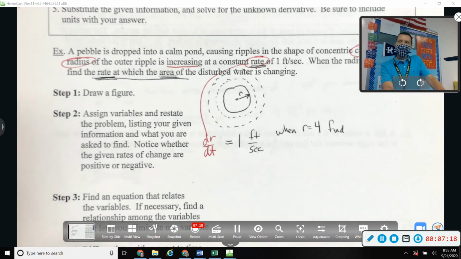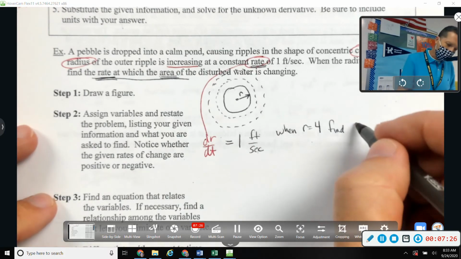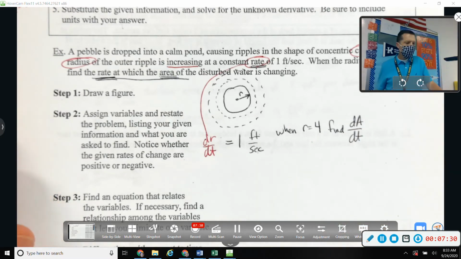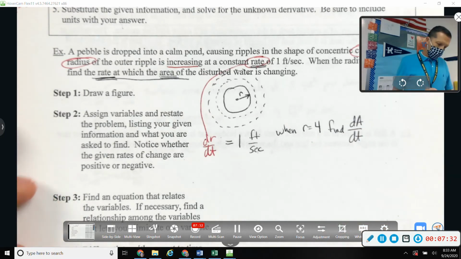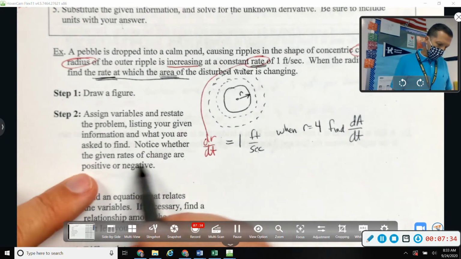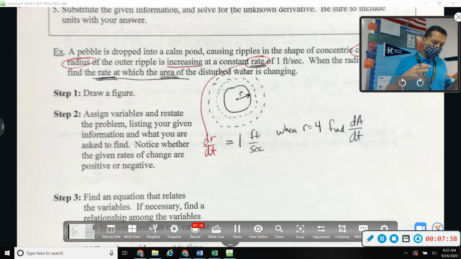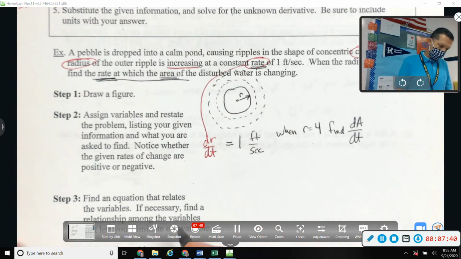So how do I phrase that with calculus variables? It's not A, because that'd just be area. It's dA/dt. So I'm looking for dA/dt. Notice whether things are positive or negative. The dr/dt is positive, it's getting bigger, that makes sense.